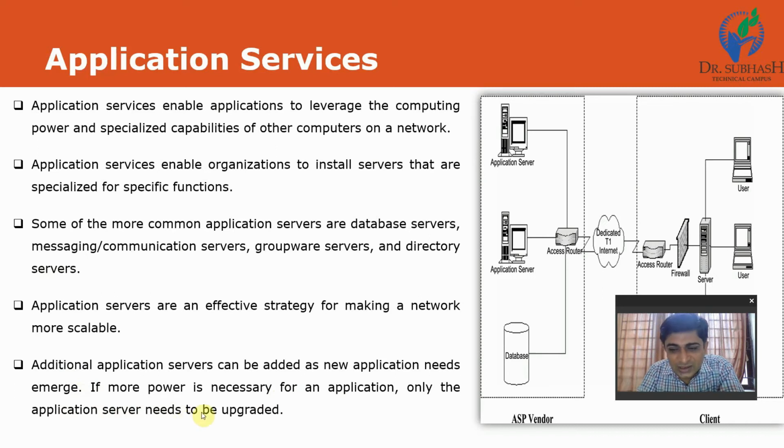That is quite easy. Suppose we are using a server, and maybe in future, due to more resources and more work, we have to upgrade the system, then there is a need to upgrade only the server. That is the use of application server and application service provided by the computer network.